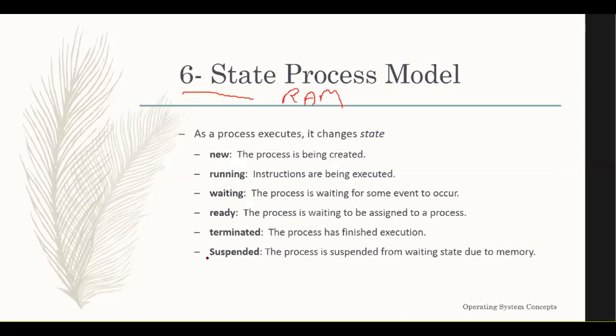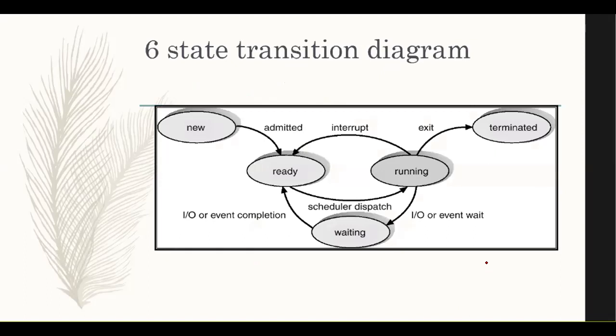For that, we have introduced a new state, that is suspended state, which says that if waiting state is full, then what will happen? The waiting state is in RAM. So what we need to do when waiting state is full is explained in the six-state model.